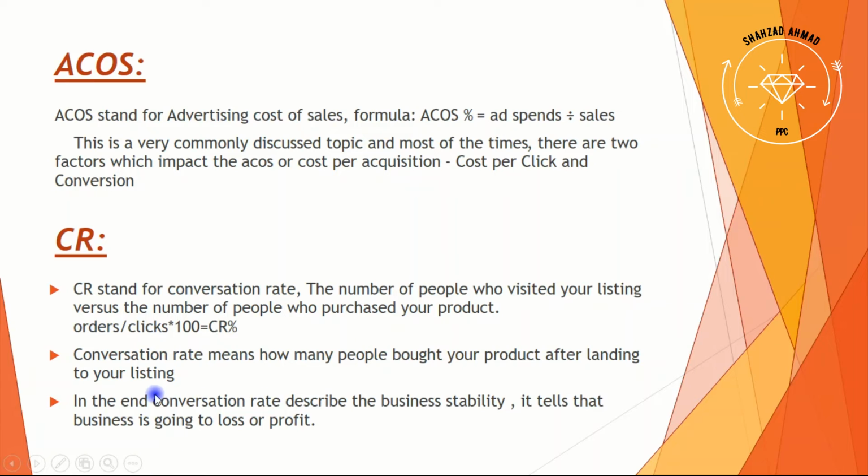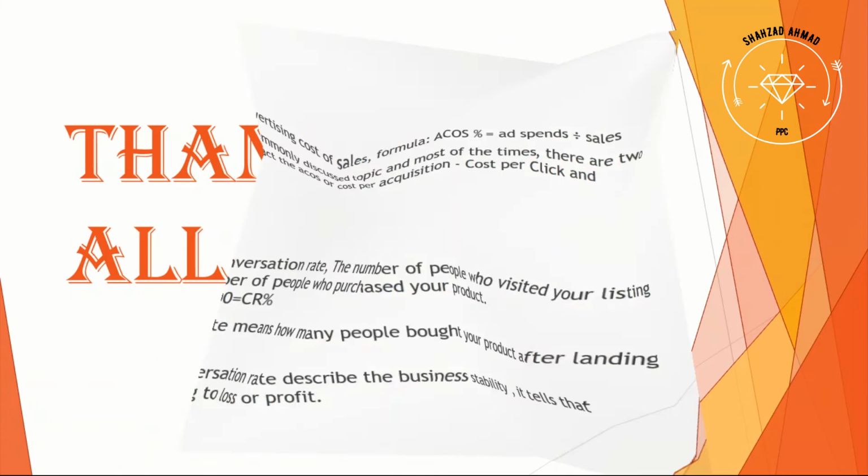Its formula is orders, how many orders you received for your product, divided by the number of clicks that customers made during the search of your product. Multiply 100, you will get conversion rate percentage. It measures how many people bought your product after landing on your listing. So it describes business stability. It tells whether the business is going to lose or profit.